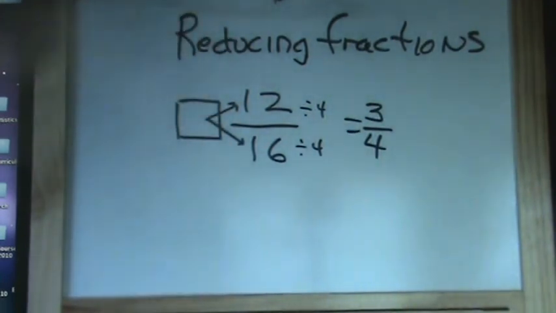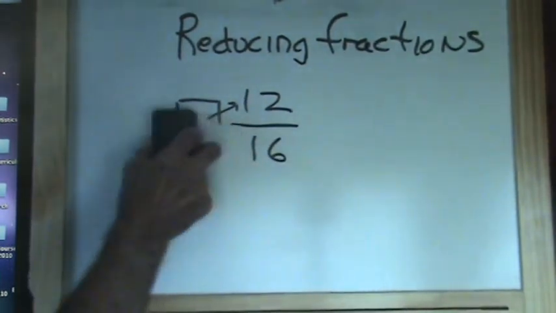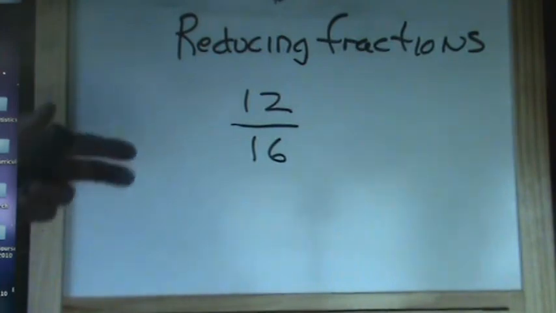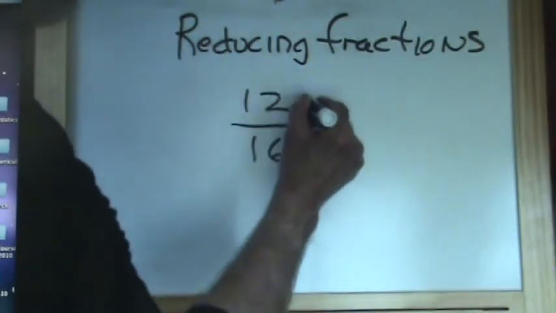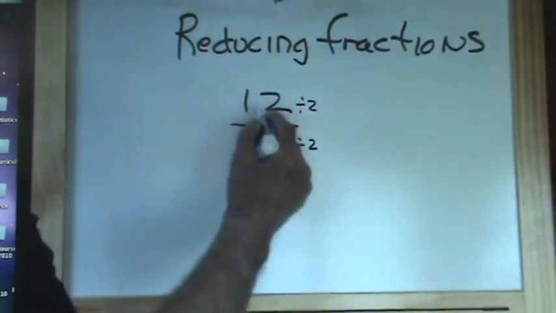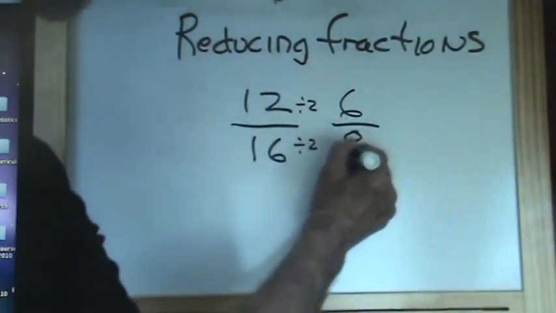And by the way, just to demonstrate, if I didn't realize that 4 was the biggest number and I used 2, so I divide by 2 and I divide by 2, well, 2 goes into 12 6 times, 2 goes into 16 8 times.